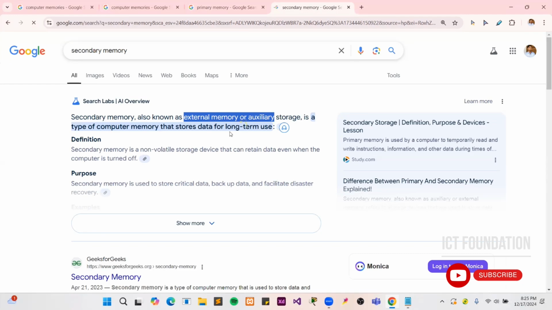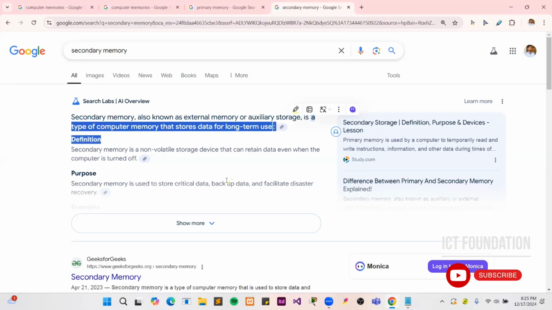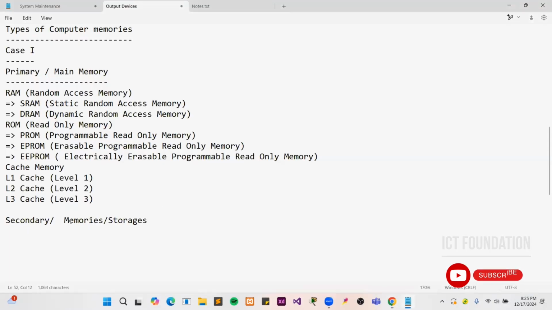There are several names available for the same secondary memory. It is a type of computer memory that stores data for long-term usage. Long-term means we are permanently storing the data within the secondary memory.